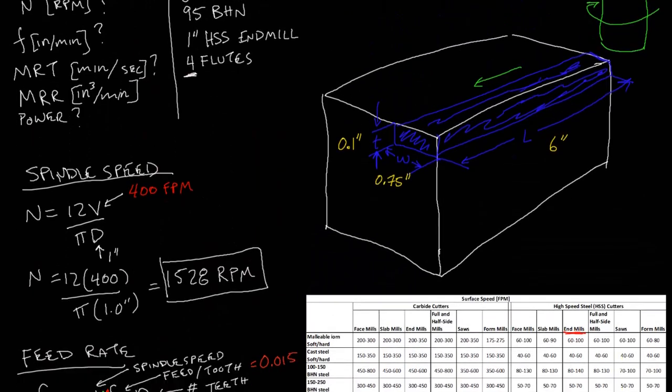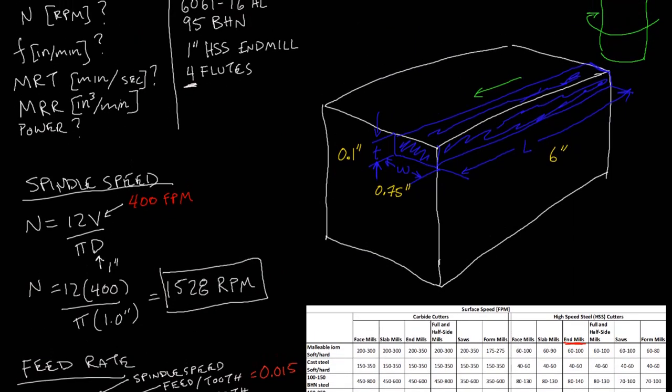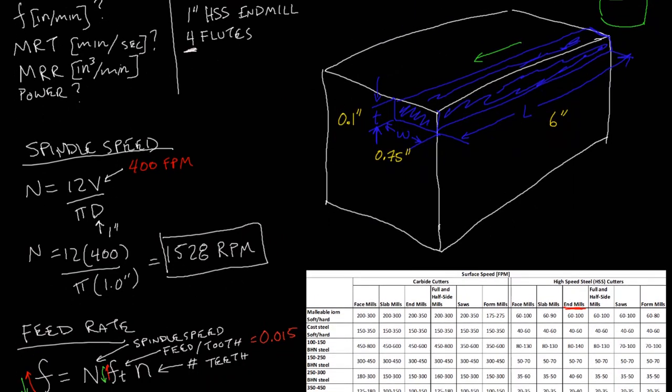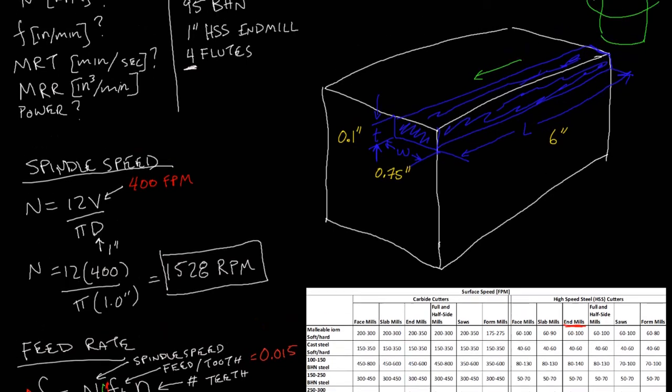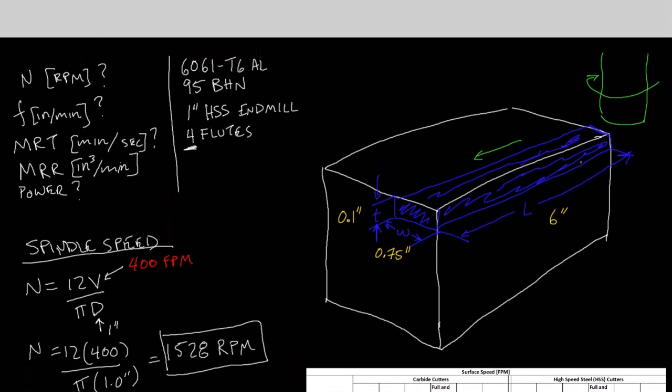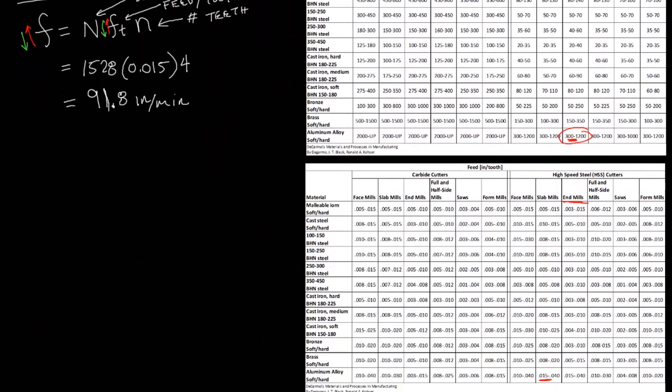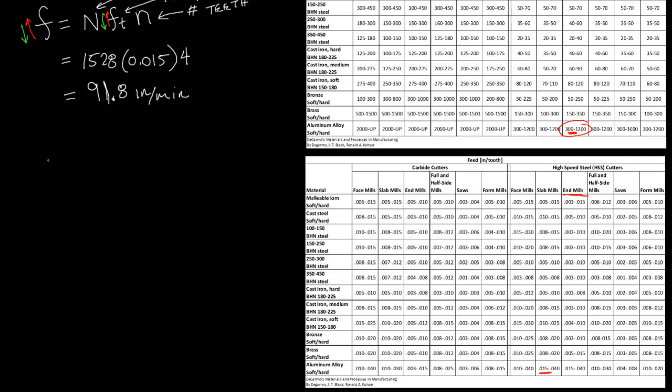Okay, so now we want to figure out our material removal time. To do that, you're asking yourself, how long does it take for the cutter to move from one side of the block to the other? What's involved in that is the length of the block and how fast it's moving. So how fast is your feed rate, and how long is the cut? Let's dissect that formula.